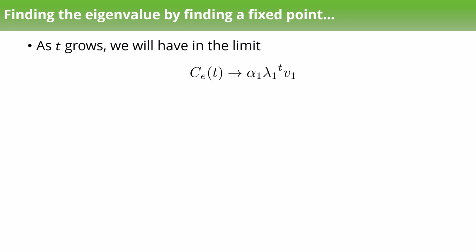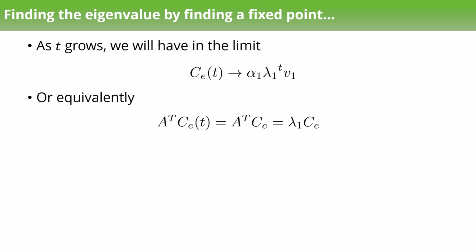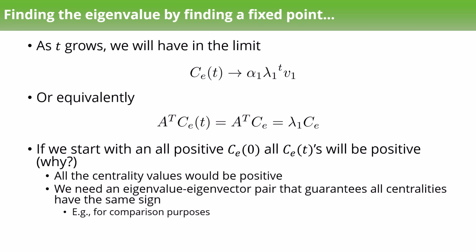As t grows, we will have in the limit c of t approximately alpha 1, lambda 1 to the power t, and v1, which is equivalently A transpose c of t equal to A transpose c equal to lambda 1 c. So for the final eigenvector centrality, compute the eigenvalues, select the largest eigenvalue, and find its corresponding eigenvector.